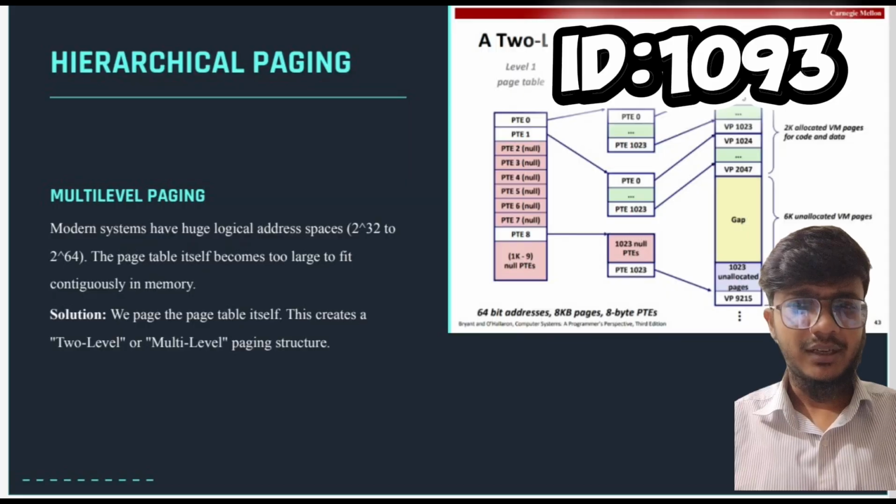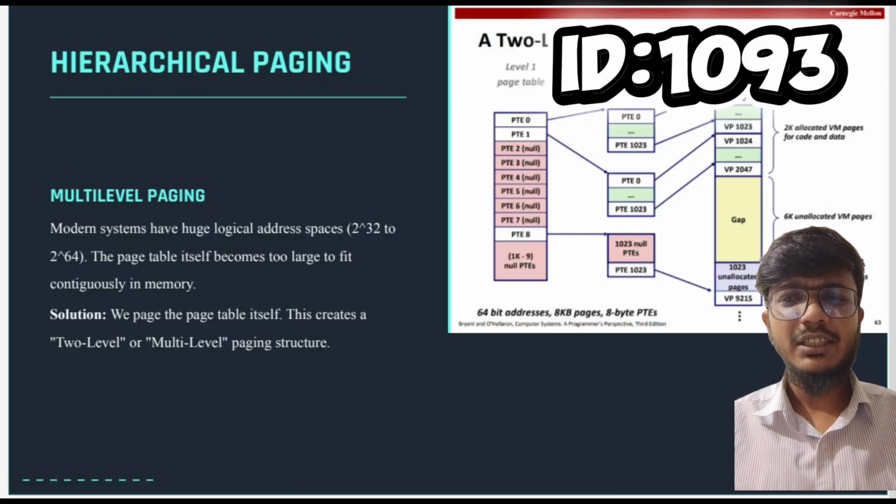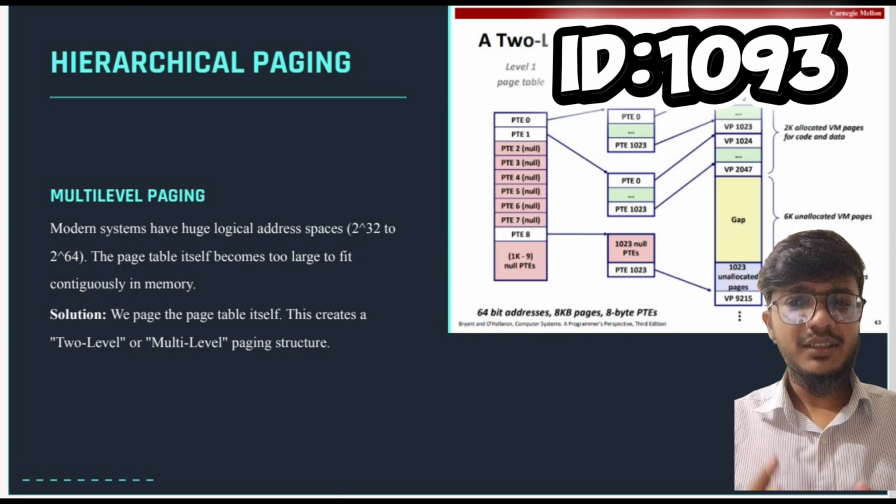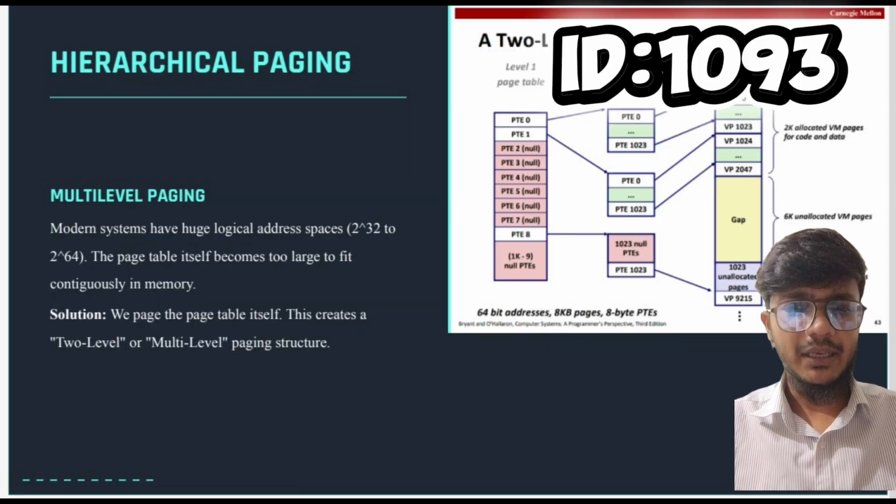Now I'm talking about hierarchical paging or multi-level paging. Now the question arises, what happens if our memory space is very large? Modern computers often use 32-bit or 64-bit logical address space. As a result, the page table becomes massive, making it difficult to store continuously in main memory.